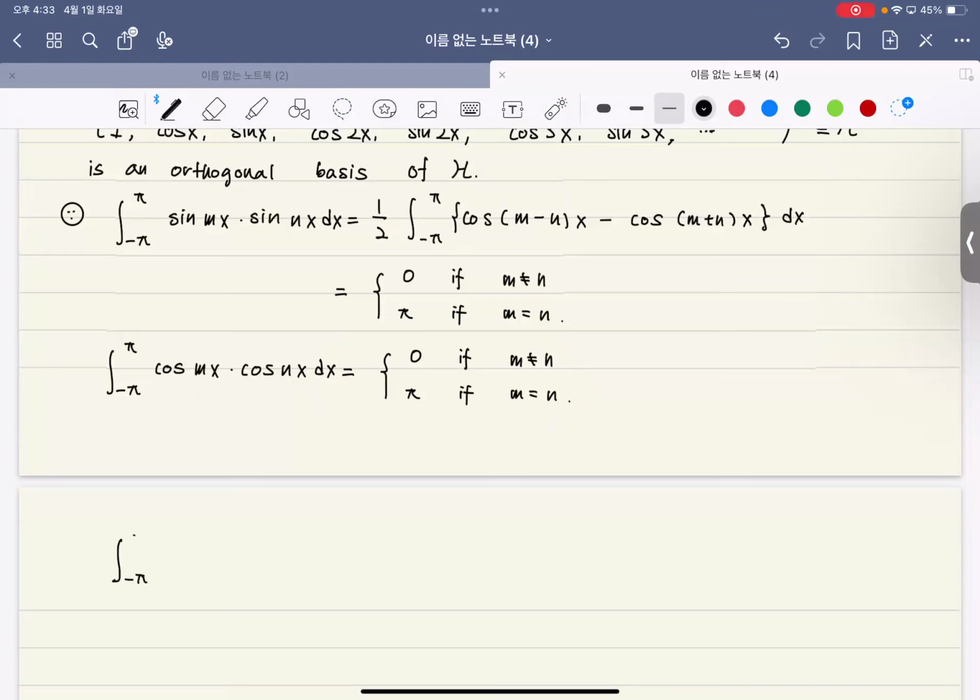Lastly, the integral of cosine mx times sine nx dx.